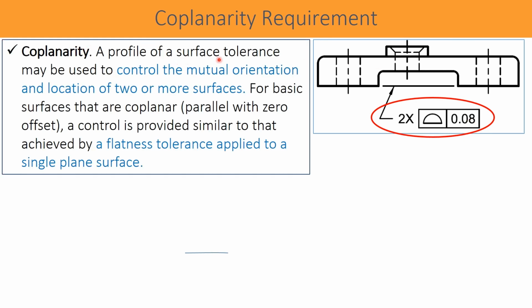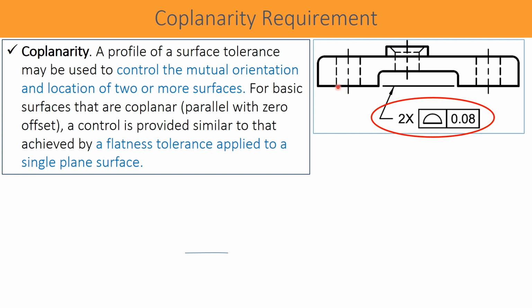A profile of a surface tolerance may be used to control the mutual orientation. It means this is one surface and this is another. These two must be mutually parallel to each other within a certain amount, and location of two or more surfaces.